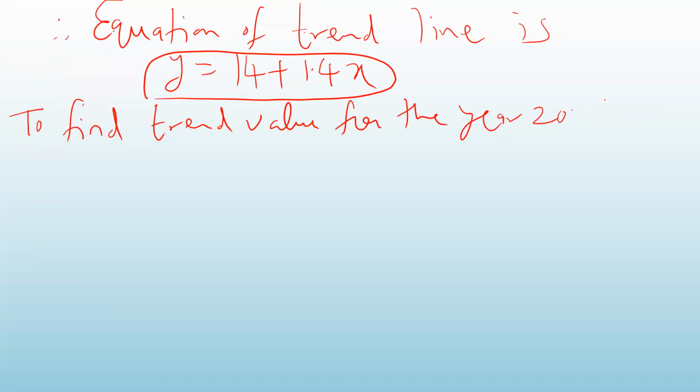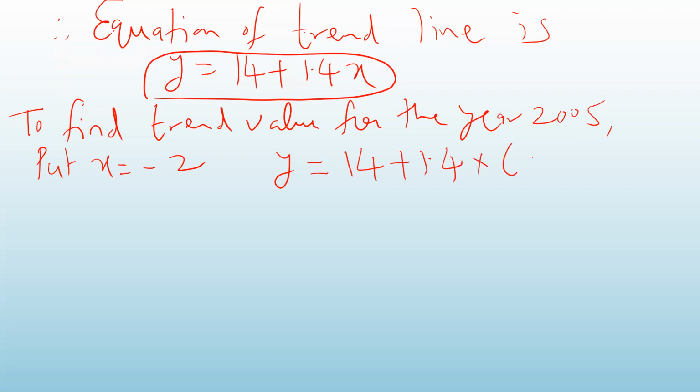When you put x equal to -2, what will you get? 14 plus 1.4, and in place of x you have to put -2. So 14 plus 1.4 into -2. Plus into minus gives minus, and 1.4 into 2 gives 2.8.